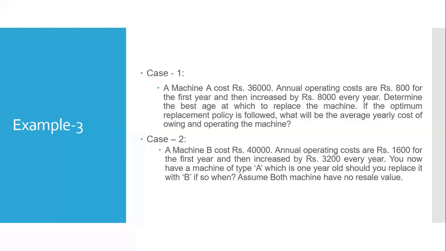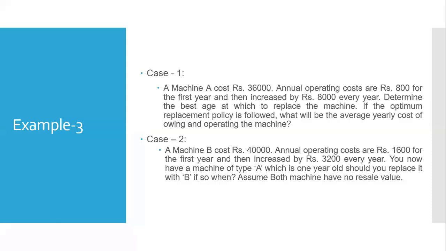We have to find out which machine should be replaced if we are procuring machine B after using machine A for the first year, which means after using machine A for a year, we are planning to purchase machine B, and for that we have the data that we have solved.